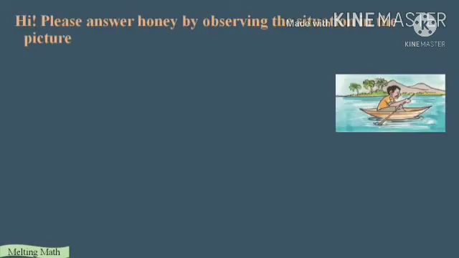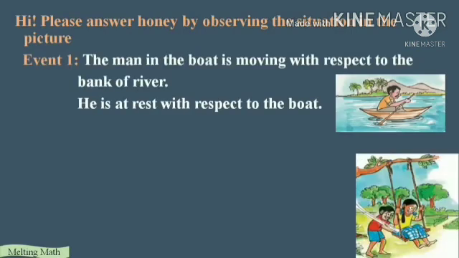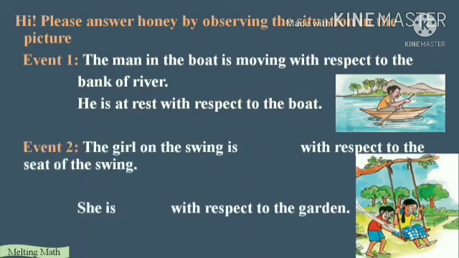Next, we see the man moving on the boat. With respect to the surroundings, he is moving, but with respect to the boat, he is at rest. The second image, the girl on the swing is moving with the swing.